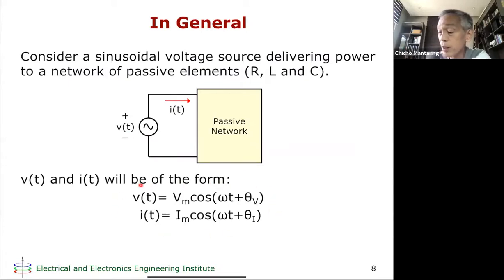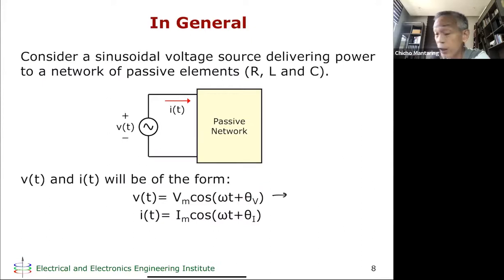So V of t and I of t will be of this form. V of t will be an amplitude, V sub m, cosine omega t plus a certain phase angle. And I of t will be an amplitude, I sub m, cosine omega t plus also a certain phase angle. Theta v is the phase angle of my voltage. Theta I is the phase angle of my current. By the way, this is just as a review.